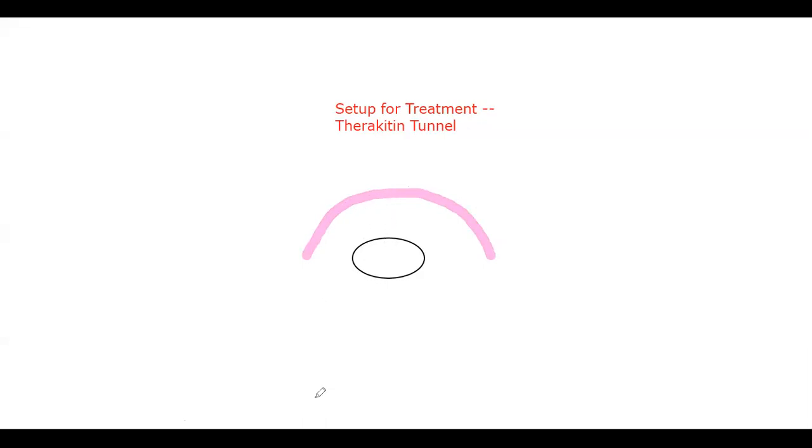So here different kinds of UV ray lamps are being set up. So you can see my blue lines. These are nothing but your fluorescent tube setups. So this is the arrangement of Thera-Kittin tunnels.